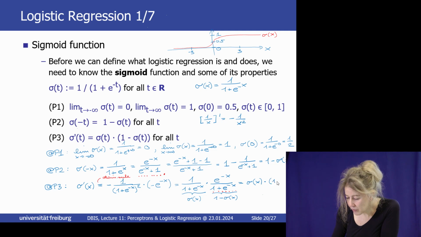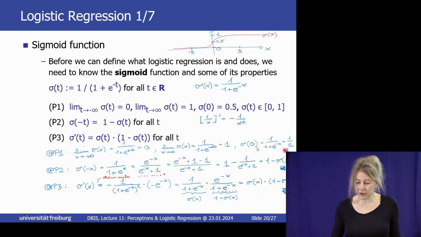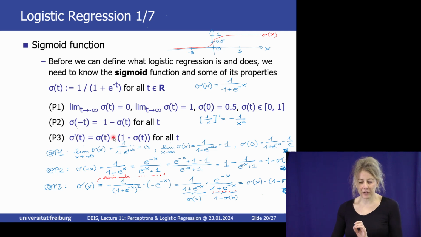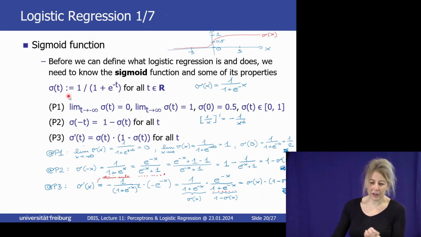So we have proven this, and we have proven this. And this is relevant because the derivative could be any complex function, but the nice thing here is, let's say I have something which evaluates the sigmoid function, then I can also evaluate the derivative in terms of the original function.